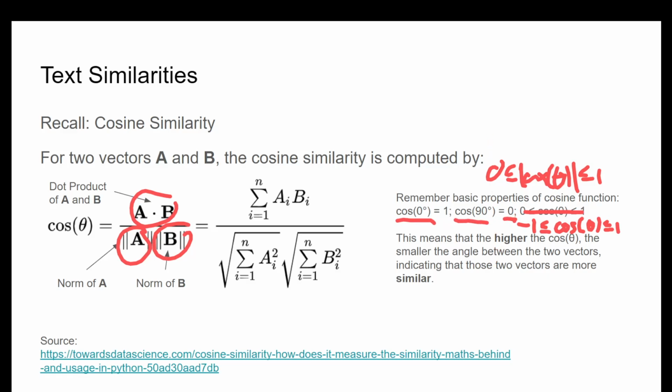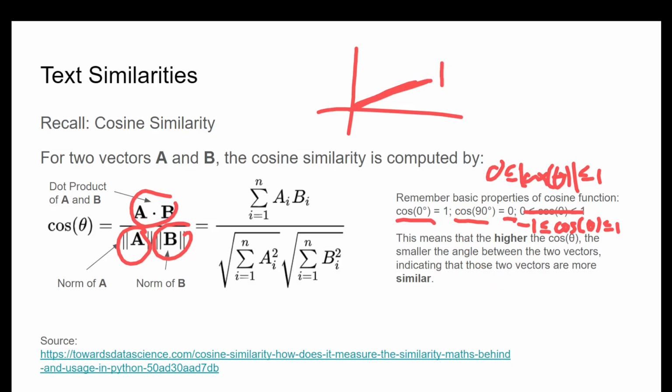So the higher the cos theta value, the smaller the angle between these two factors. Because if there is no angle, like if it's kind of like this one, then it is actually equal to 1, which means very similar.